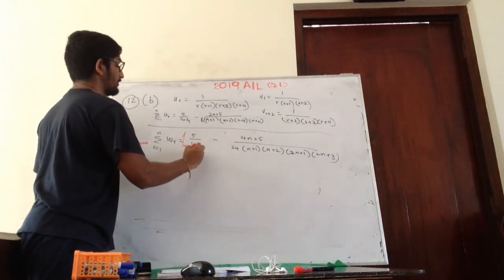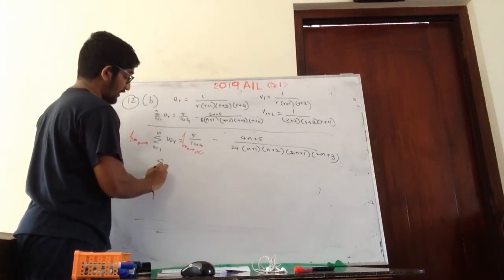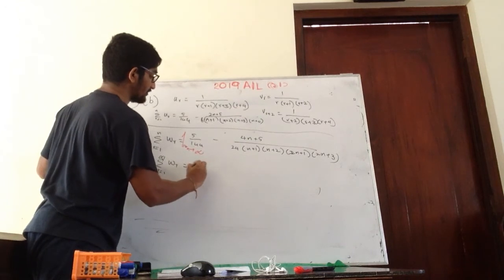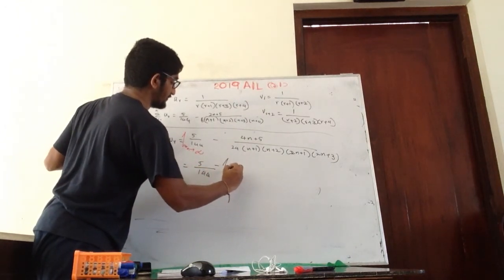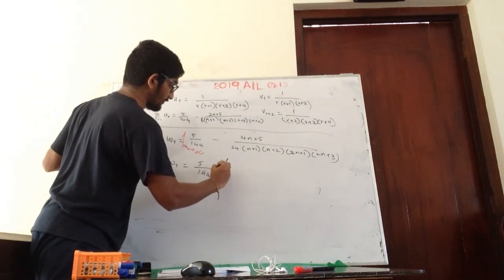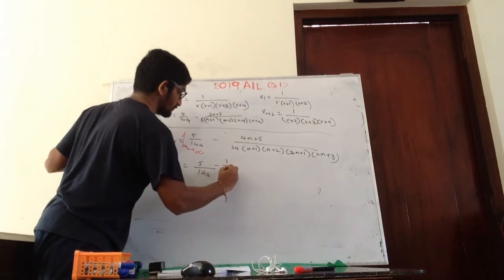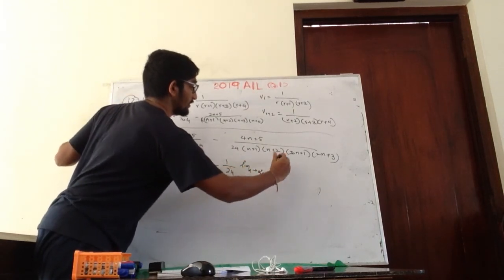So here this will become the sum from r equals 1 to infinity of WR. This constant will be there anyway, minus, you can take even 24 out, limit n goes to infinity.